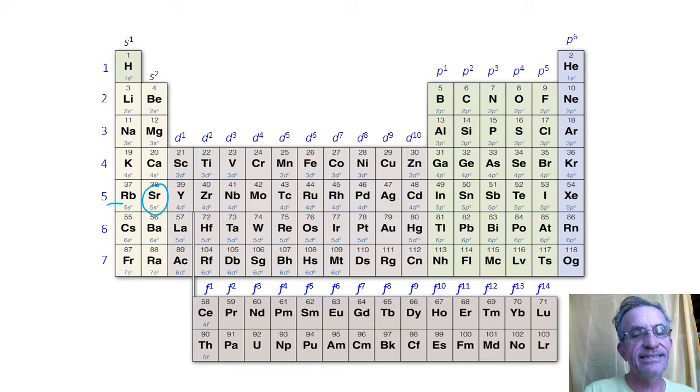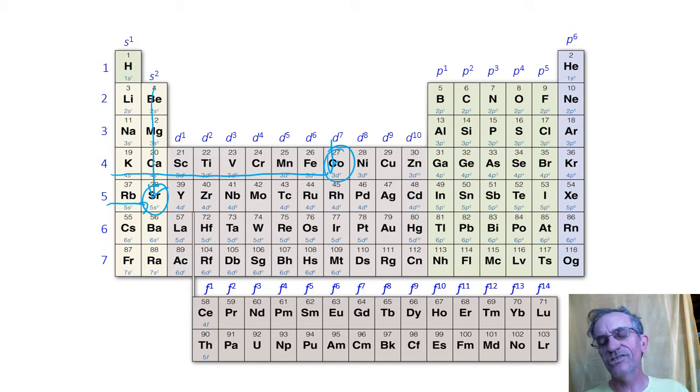Strontium is going to end in 5s2. Cobalt is going to end in, one behind, right? It's going to end in 3d7. So being familiar with that is going to help us as we look at this other way of writing electron configurations. So let's get to a couple examples.